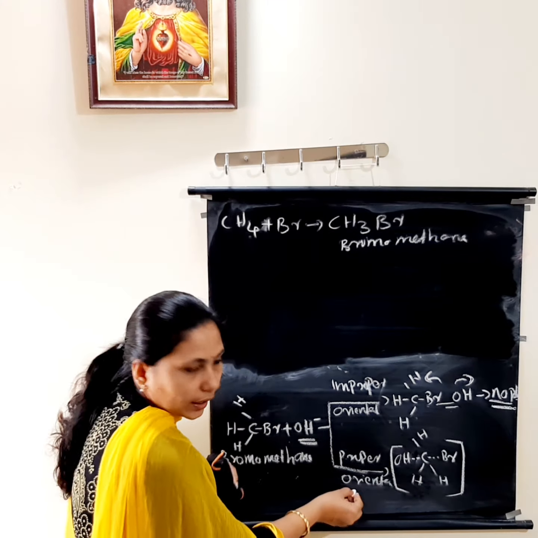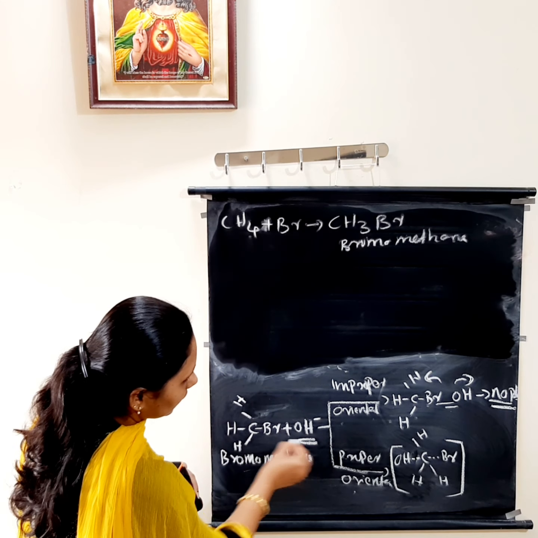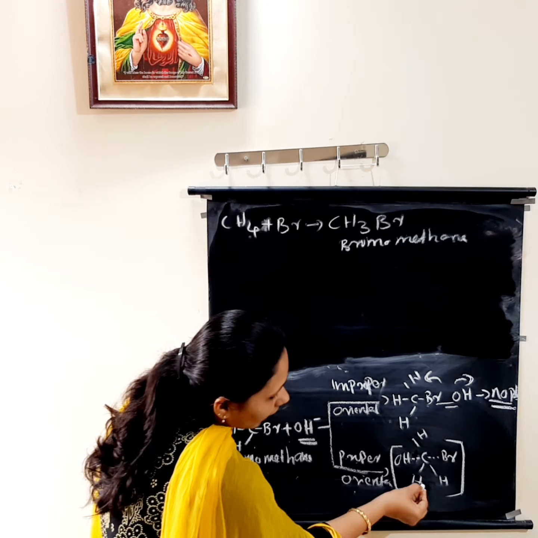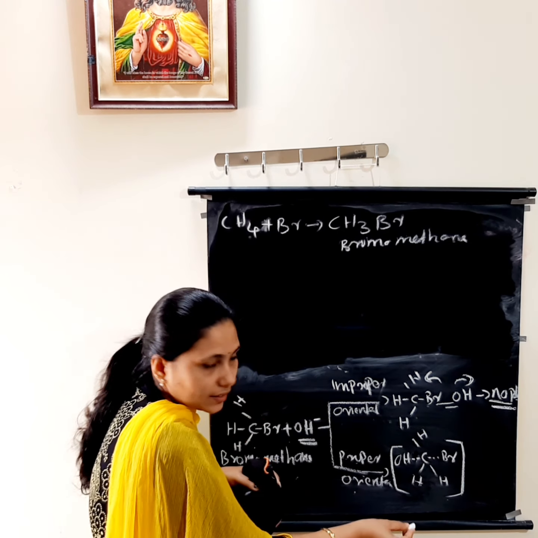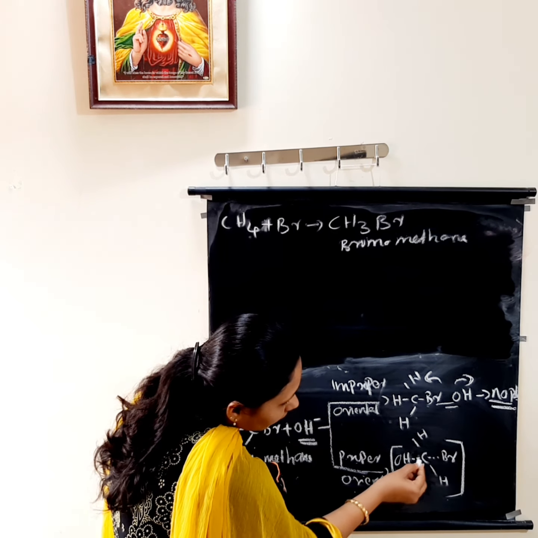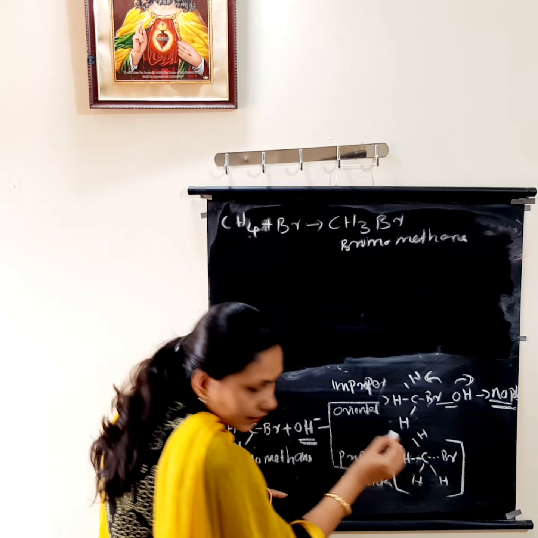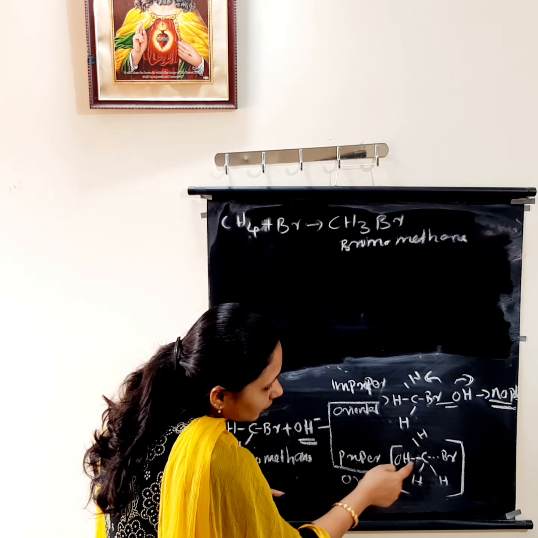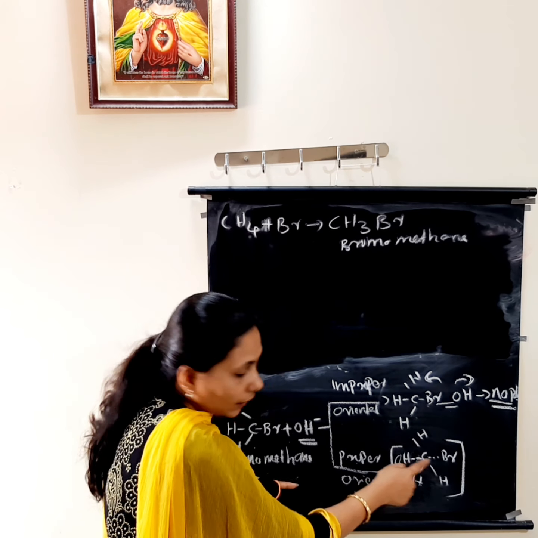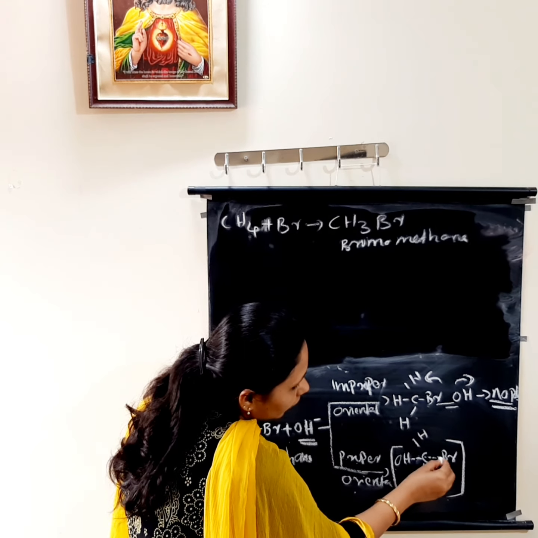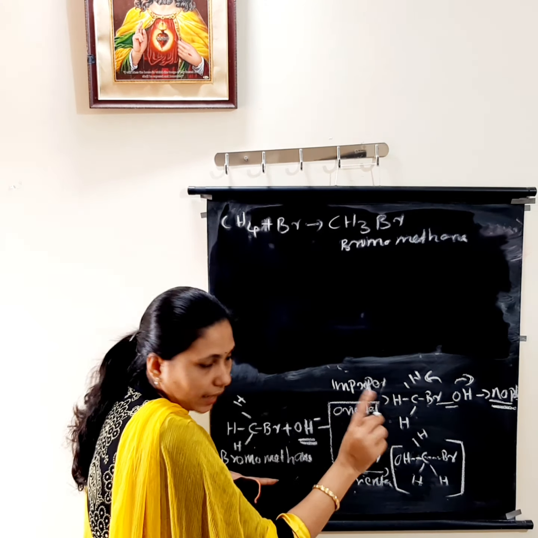But in proper orientation, we can see these will react. They are in proper orientation, so we get an intermediate complex. Here you can see the OH group, with dashed lines, meaning a bond is forming. Here the carbon-bromine bond starts breaking, which is why this is also a dashed line.